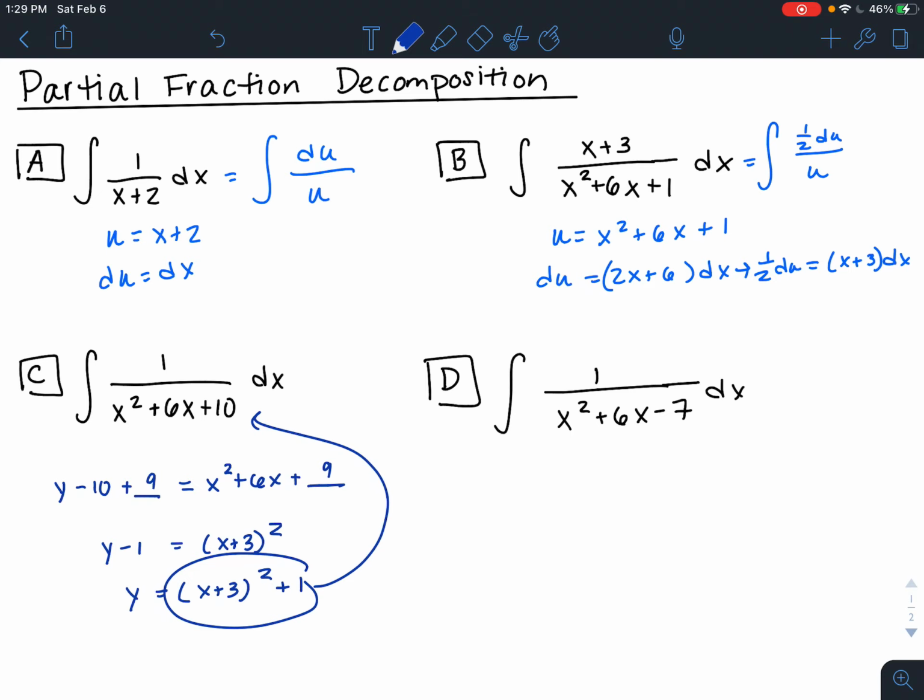You just got to do a little bit of u substitution to make sure it all fits correctly. But when I go over to something like d, if I complete the square, because u sub's not going to work, it's not like a and b where it's got an x or something in the numerator that's going to balance out the du part. If I quick complete the square by moving the 7 over, I know I'm going to add 9 to both sides because of the last problem.